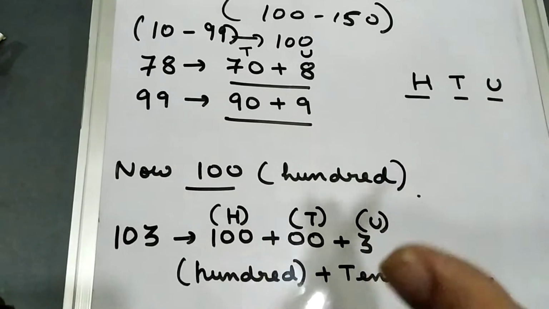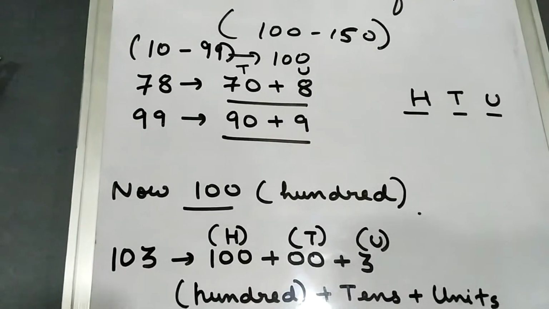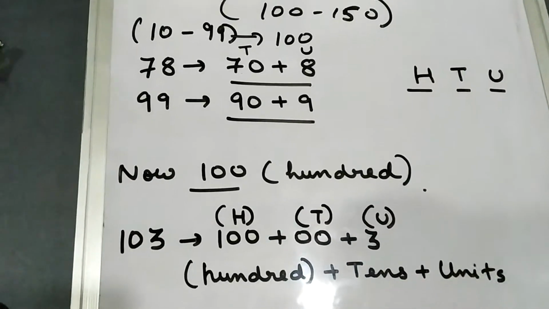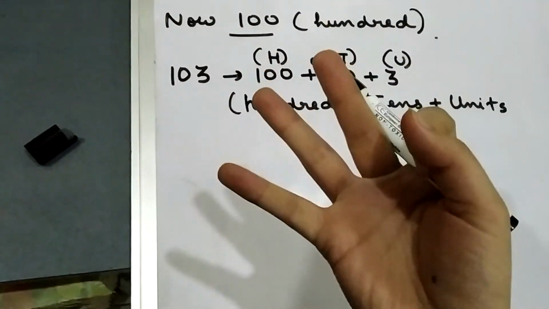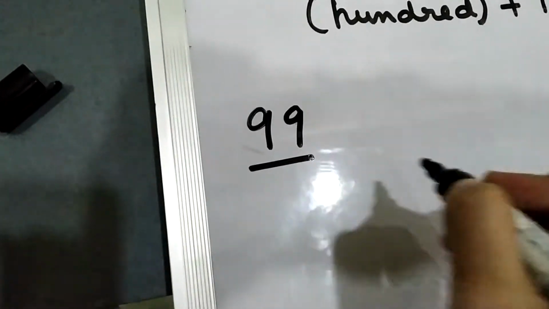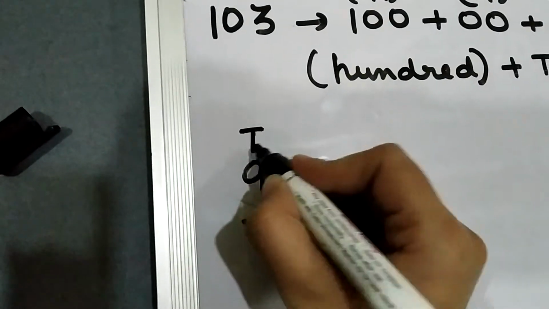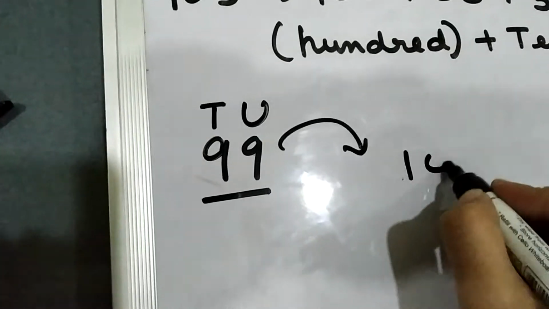But now we are going to move ahead, from 99 to 100. When we move to 100, how many digits do we see now? 3 digits. 99 is a 2-digit number, with the tens position and the units position. But after 99 we have a 3-digit number.